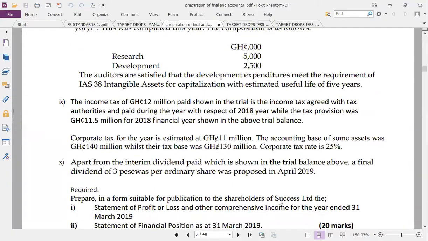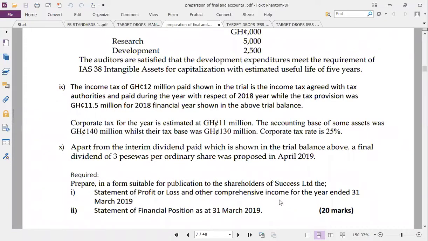We are preparing the financial statement as at 31st March. So they proposed it after the year end, which is April 2019. So this is an event after the reporting period.